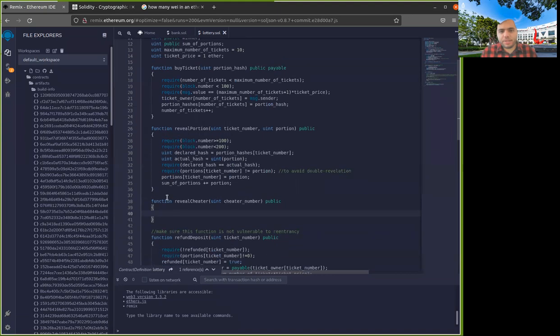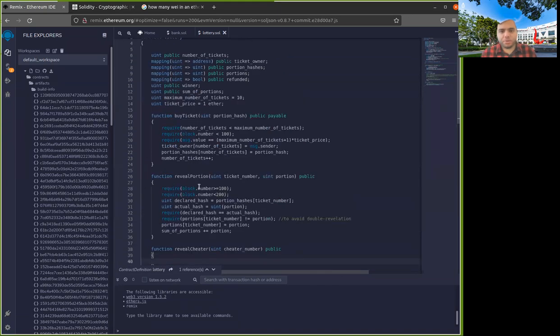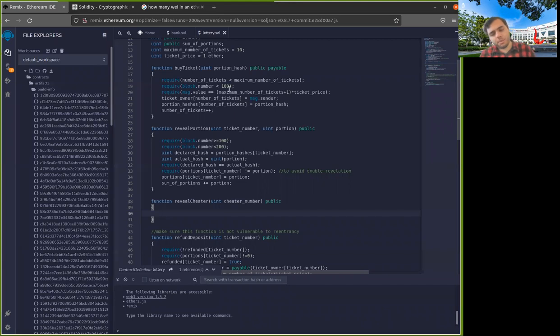Everyone is seeing who's revealing and who's not revealing. So everyone can just run a for loop on their own system locally and see which portions were actually revealed and which ones were not revealed. So each one of the participants can do that locally, and then they can call this function for me and tell me that the person with this particular number has cheated.